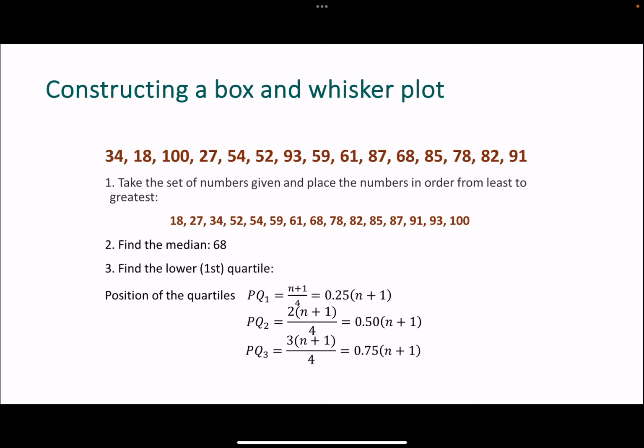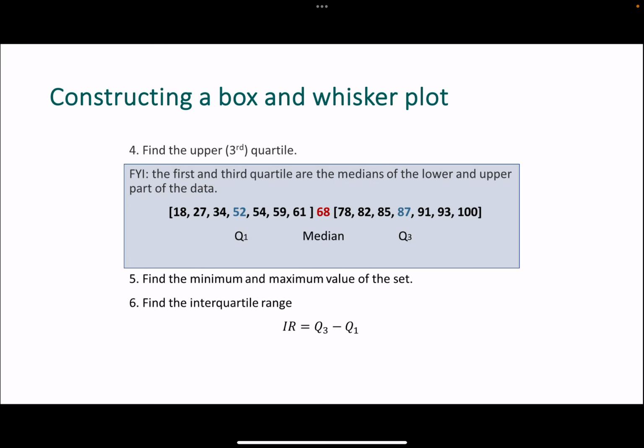All right. Another way of looking for Q1 and Q3 is also the median of the lower part of your data, where this is the midpoint, and the median of the upper part of your data. You can either do that or do it with the formula. So we find the minimum and the maximum. The minimum is 18.